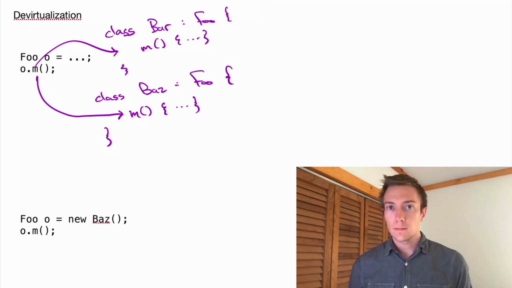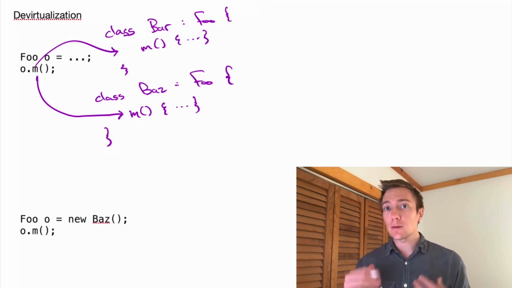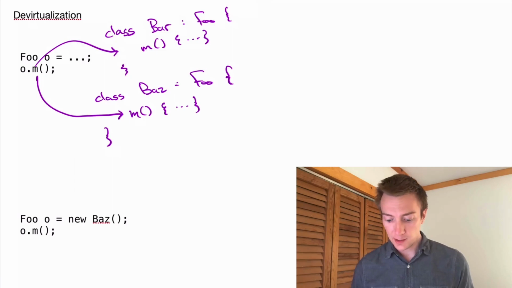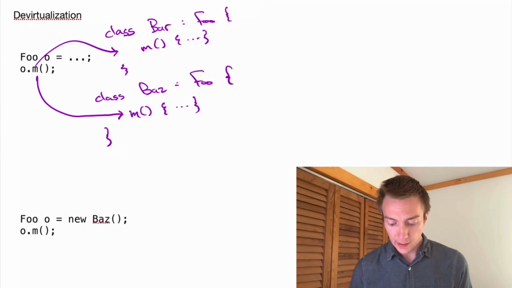This ambiguity in virtual function calls is a big problem for interprocedural optimizations because it means that we can't do inlining. And inlining, remember, is our big trick that we have in interprocedural optimizations to be able to tell what opportunity is available for a given call site. That is, we have to assume that this can be either this function or this other one, and that can be really limiting.